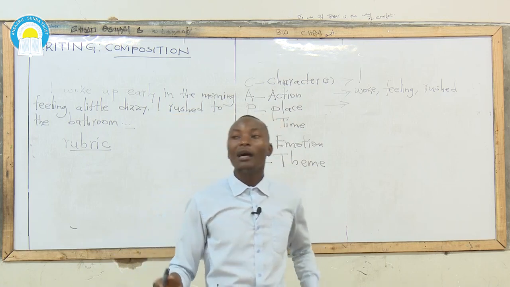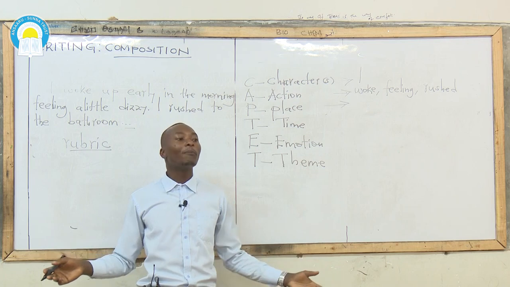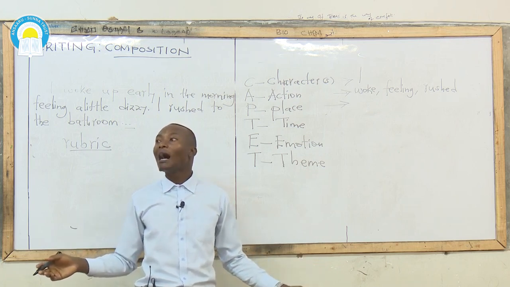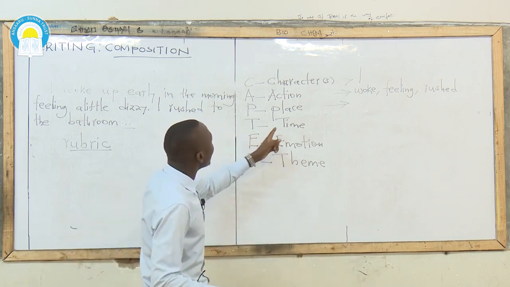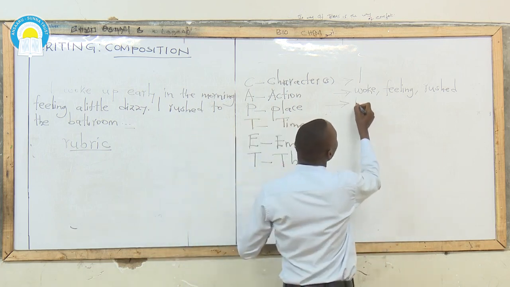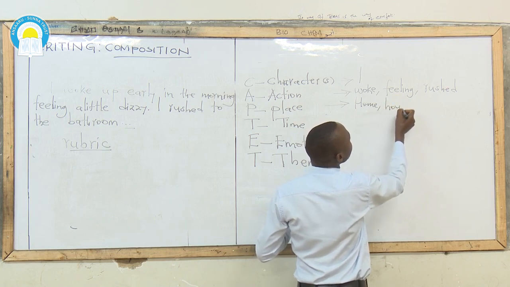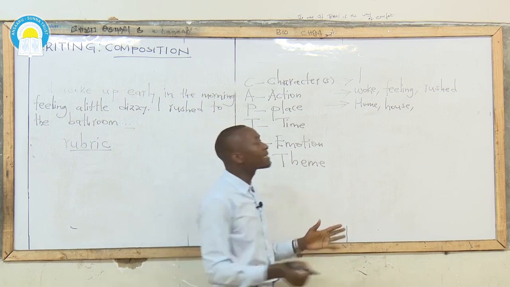So there's no way a student can say that I woke up in the aeroplane going to America, or I woke up on the moon. That is not possible. So the place here is probably home, or you can talk about the house, or when the learner is in a boarding school, the learner woke up in school.